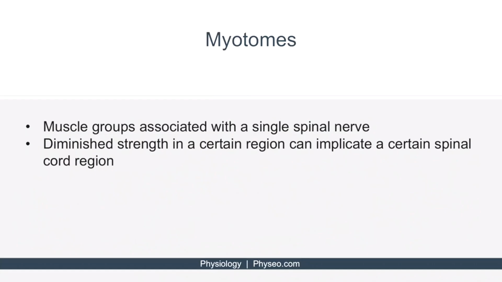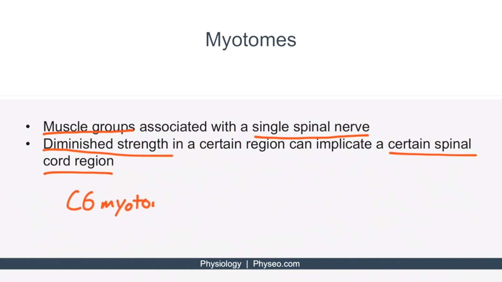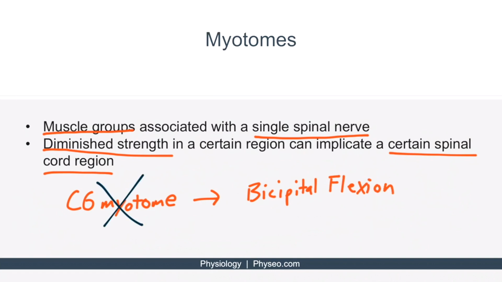Now, myotomes are muscle groups associated with a single spinal nerve, and diminished strength in a certain region of the body can implicate a certain spinal cord region. For example, the C6 myotome is responsible for bicipital flexion. And with damage to the C6 spinal nerve, this patient would have decreased bicipital flexion.